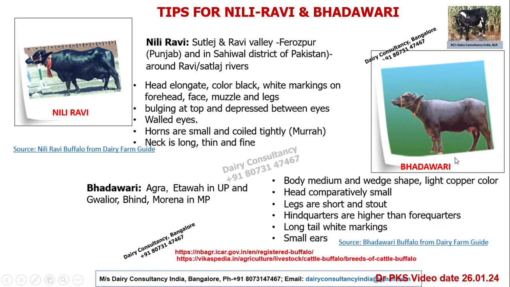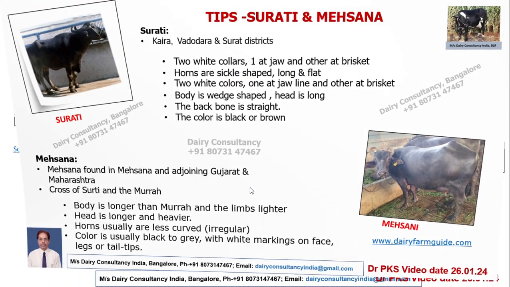This is not a very heavy animal, a medium size animal, but light copper color, head comparatively small, and legs short and stout. But this is a very good animal found in western UP and part of Madhya Pradesh and part of the Delhi area.